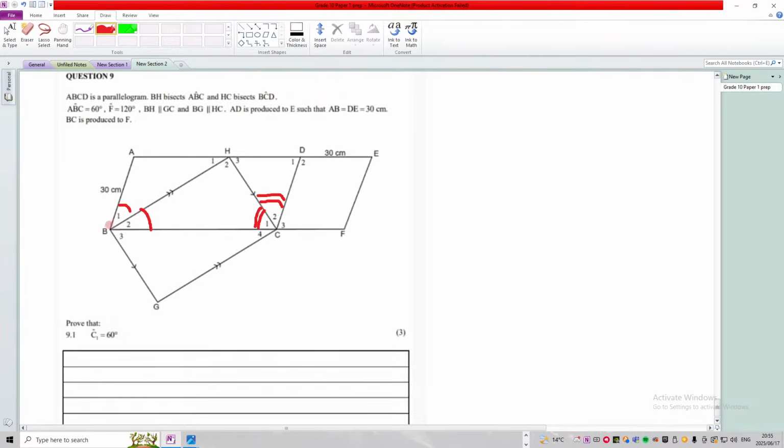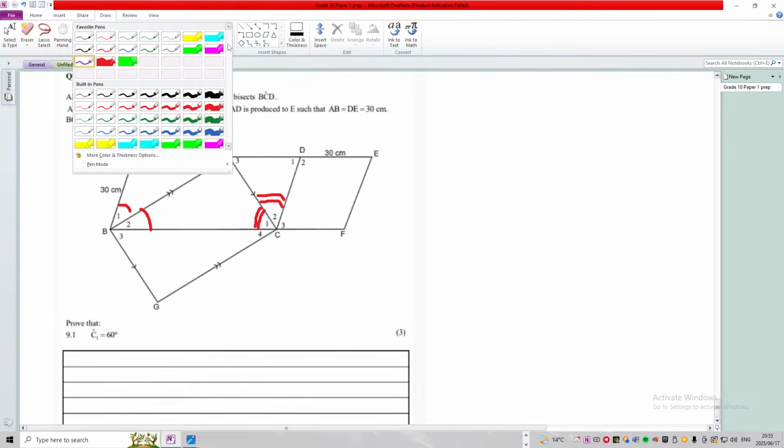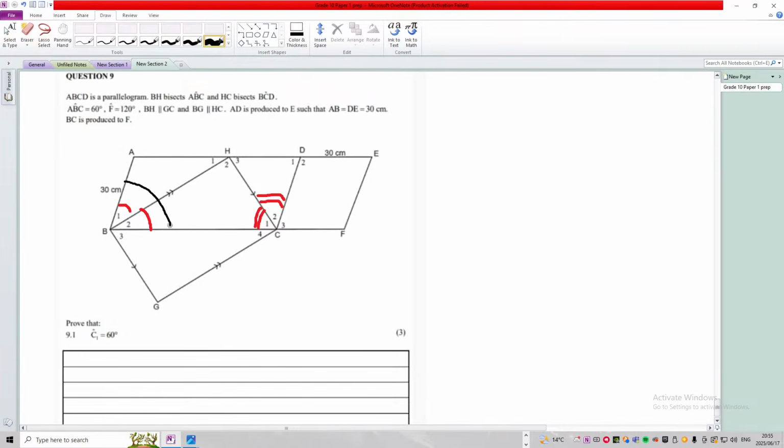A, B, C. So in black, this here will be 60. That means this is 30 degrees and that's 30 degrees there. The rest we will hopefully figure out. Okay.